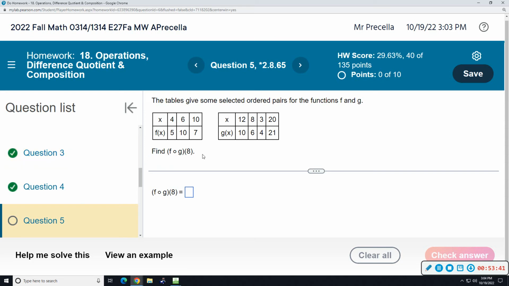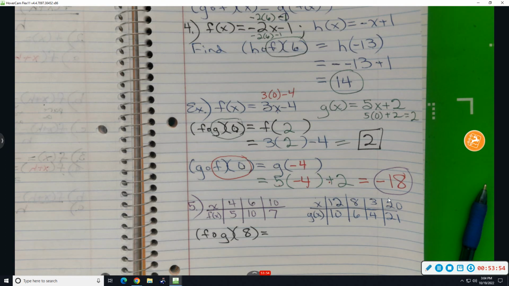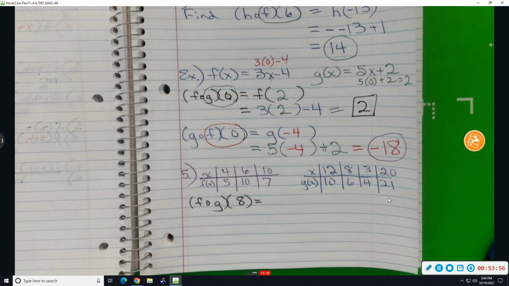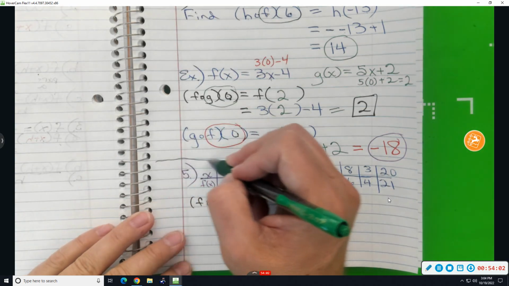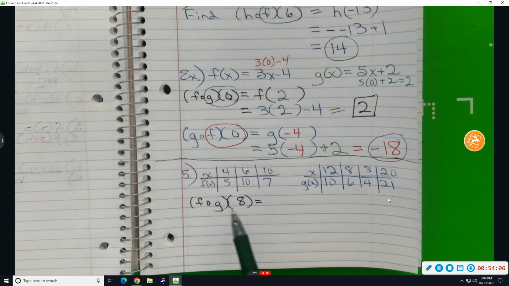I better write that down. Otherwise, I'll be wondering, what do they want us to find there? Okay, switch over to my work. Here's number 5 down here. F composed with g of 8.